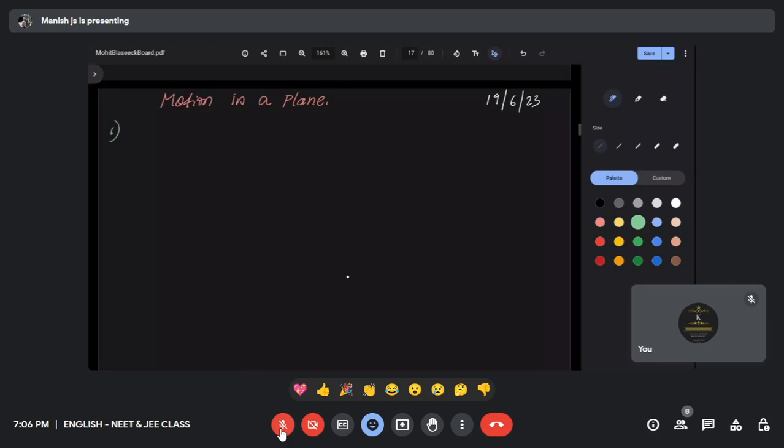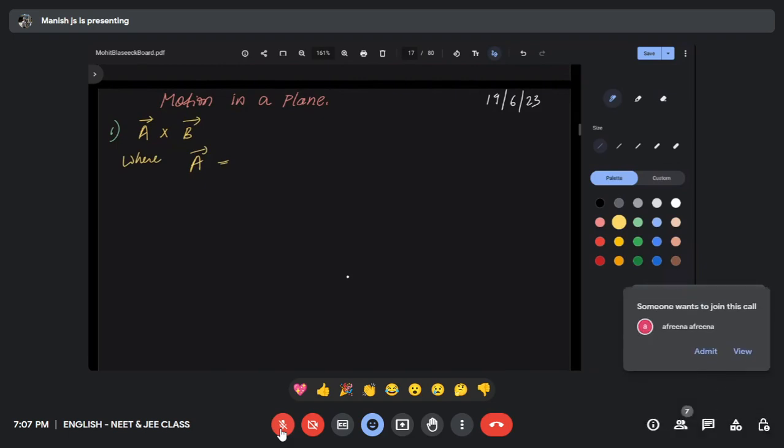Now we are moving on with the next part, continuation of the topic that we were seeing about vector dot product, and now we are moving on to vector cross product. So we'll see the basic formula pertaining to vector cross product. If I have two vectors, say vector A cross vector B, two unlike vectors, so A bar cross B bar, where I can express A in terms of its components.